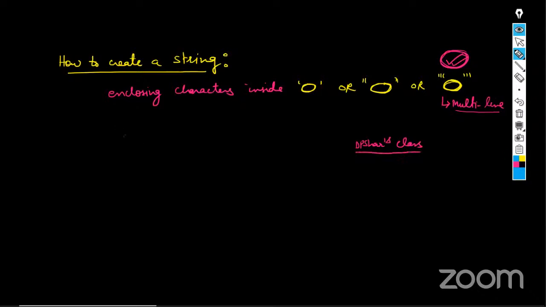Obviously, as per the rules, let's say S is a variable where you are going to store this string, and you decided that you will use single quotes. So within single quotes, you have written DP Sharma's class. Now what will happen? Python will see this is the start of the quote and this is the end of the quote. Python will match over here, and after that Python will see this is an extra thing and it will create an error.